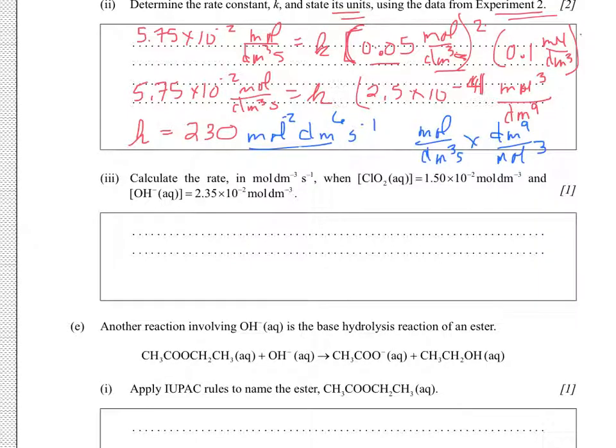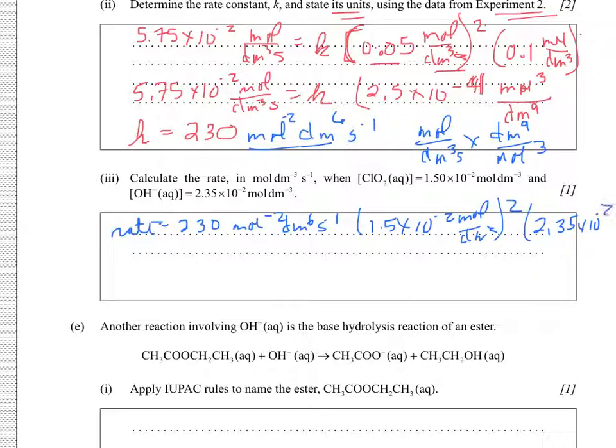Alright, so the next problem is calculate the rate. Well, the rate's going to equal 230 moles to the negative 2 decimeters to the 6 seconds to the negative 1 times 1.5 times 10 to the negative second moles per decimeter cubed squared times 2.35 times 10 to the negative second moles per decimeter cubed.